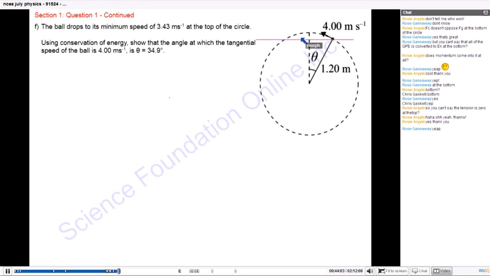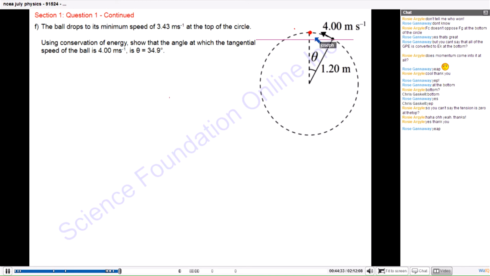Now, at the top here of this circle, they told me the speed was 3.43 meters per second. So I can just put a sort of a blob at that point. There. 3.43 meters per second. Naturally, why is this speed higher? Because at the red spot point at the top of the circle, it's got a maximum gravitational potential energy and minimum kinetic energy.